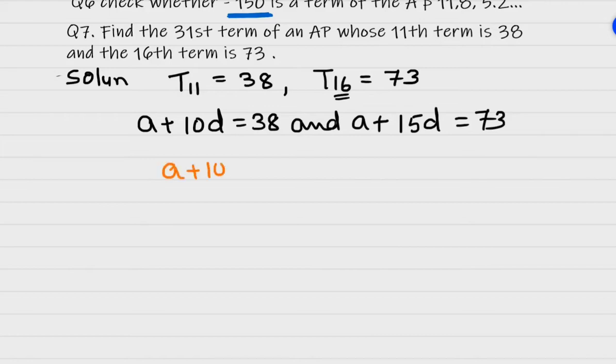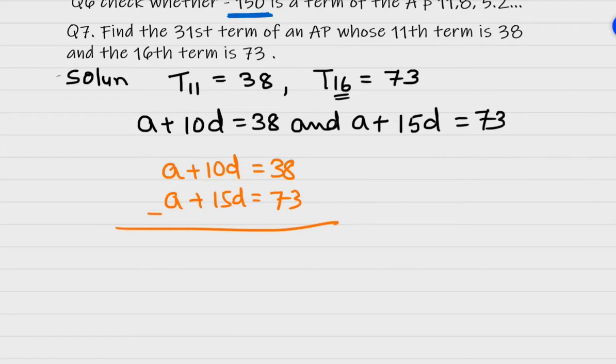A plus 10D equals 38 and A plus 15D equals 73. Suppose you subtract these two equations from one another. Plus A and minus A will be cancelled. We are subtracting here, children. Please keep in mind, when you subtract, the sign of the second equation changes.